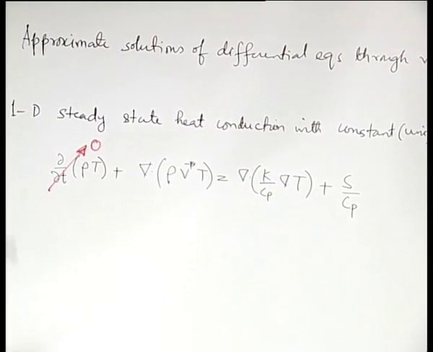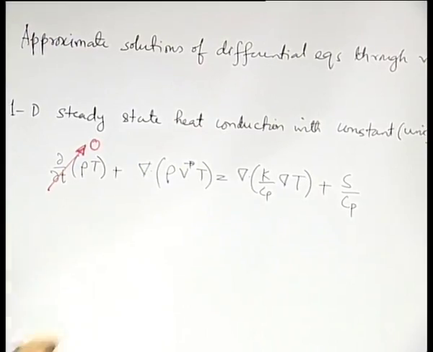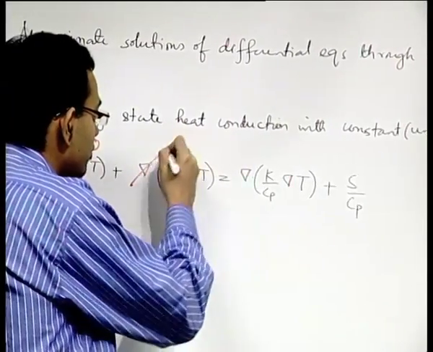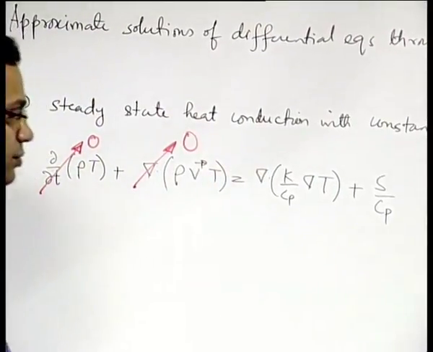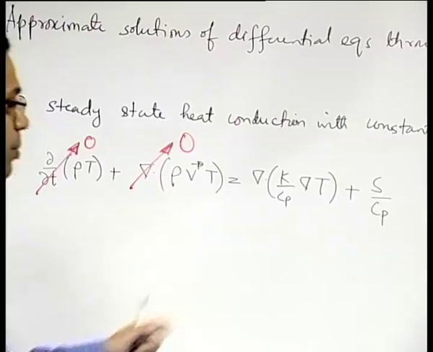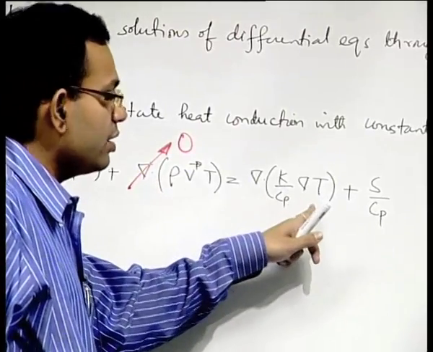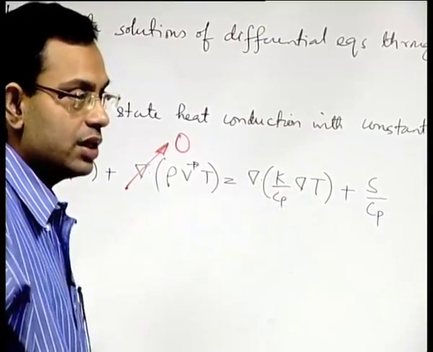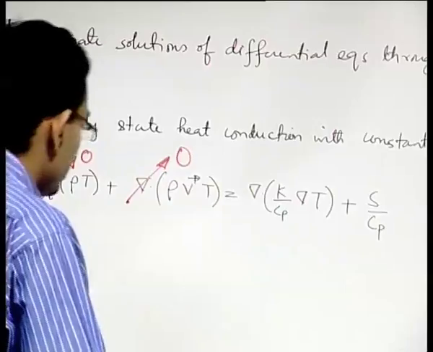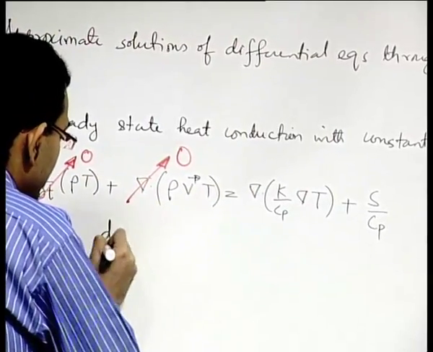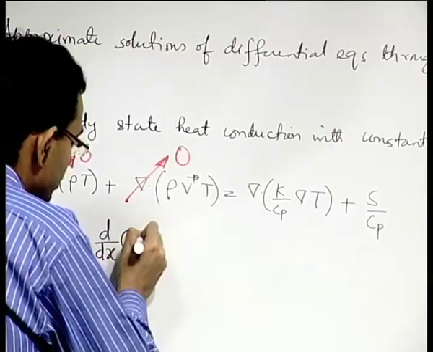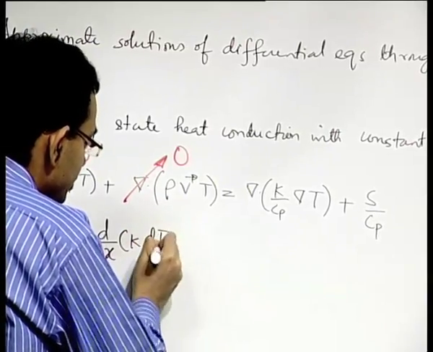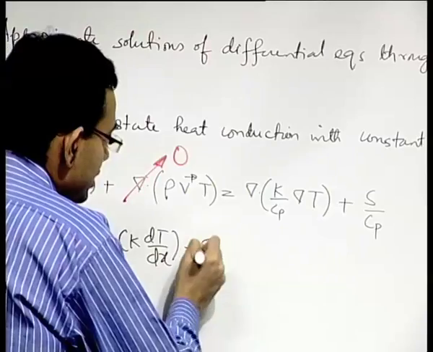Then it is a conduction problem, so there is no flow velocity involved, so this term is 0. It is a one dimensional problem, so only the gradient along one particular direction, say x direction, becomes important. So, it will become effectively d/dx of (k dT/dx) plus S equal to 0.